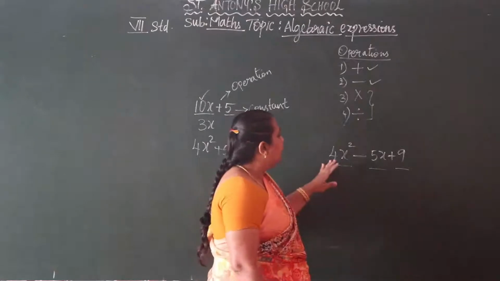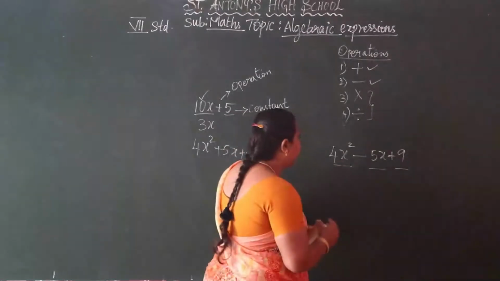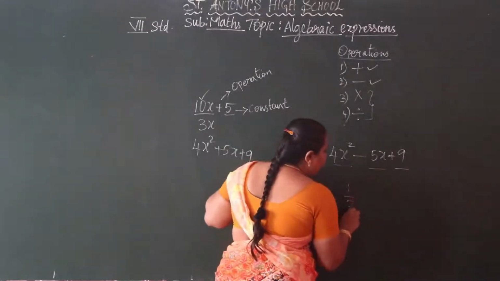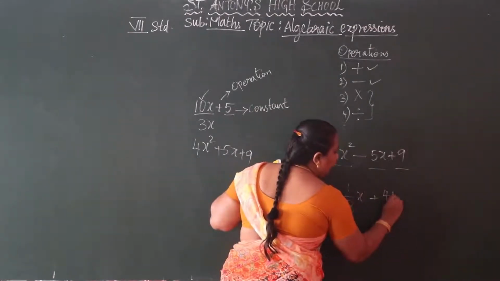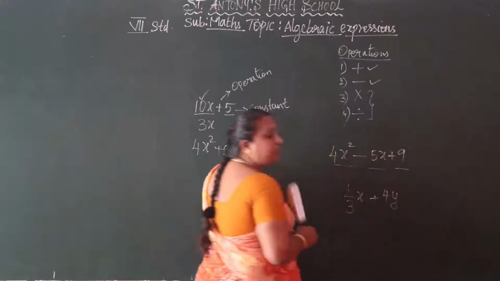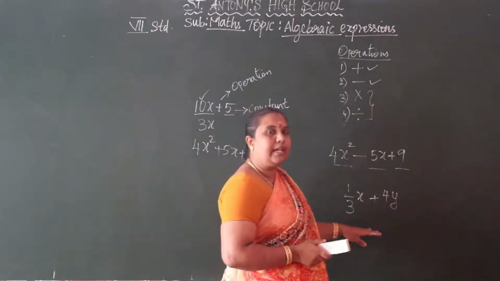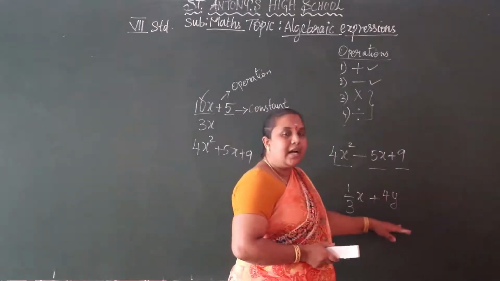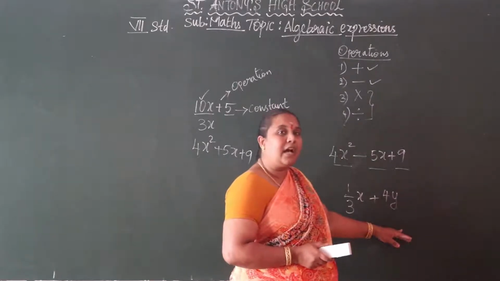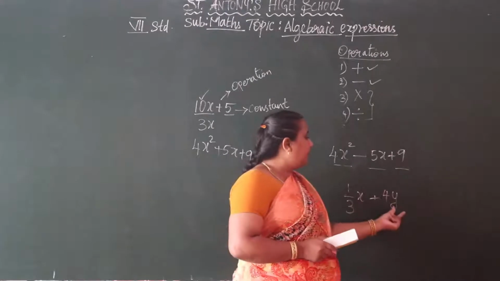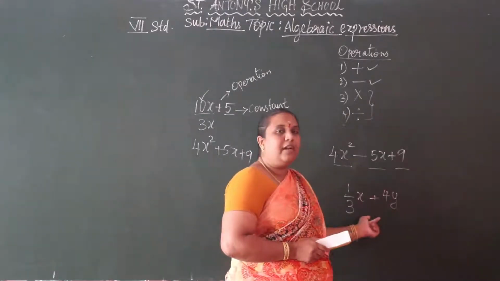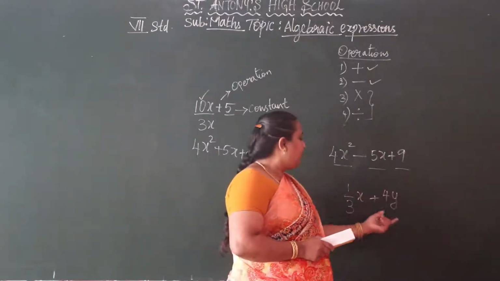Now let us take one more example: 1 by 3x plus 4y. This is also an algebraic expression, but here we have different variables: x and y.